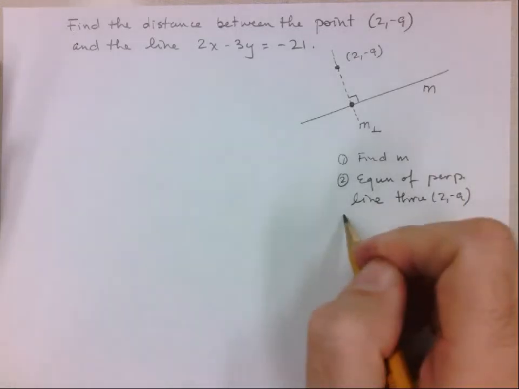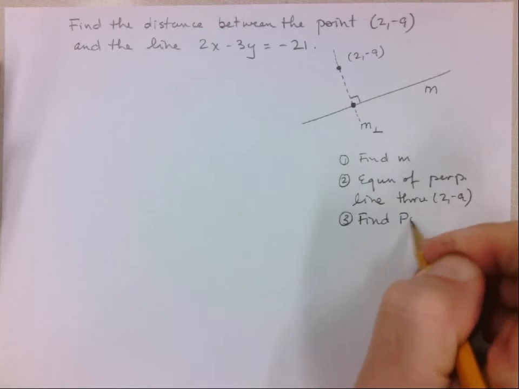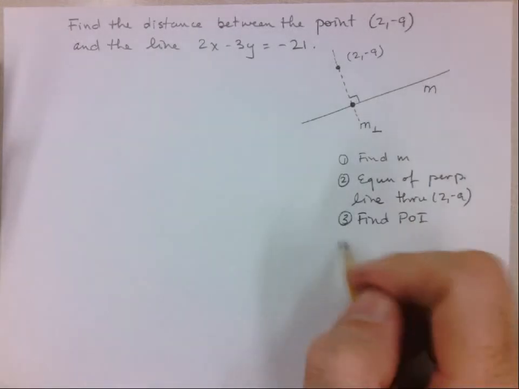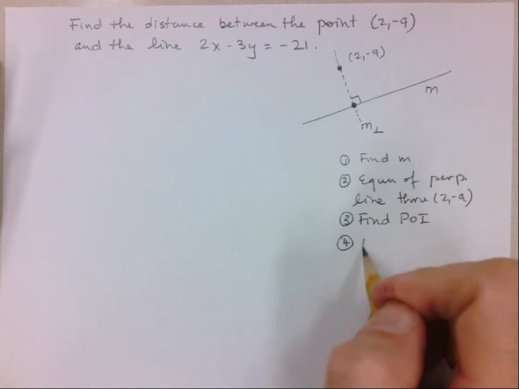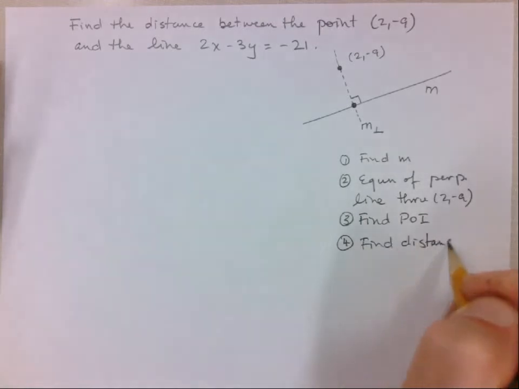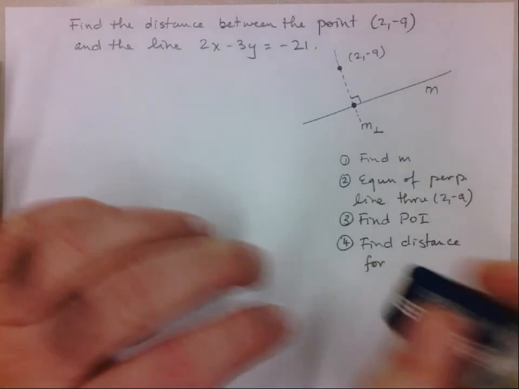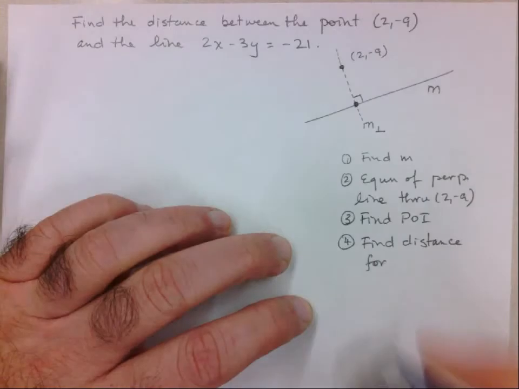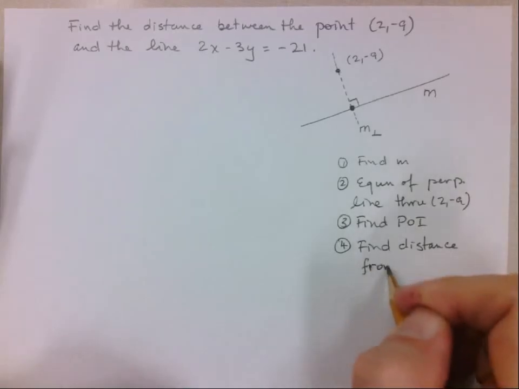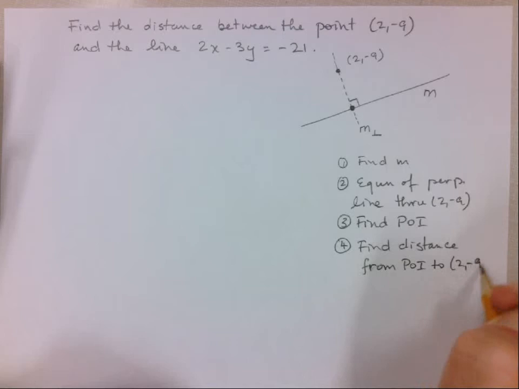Step 3 is to find the point of intersection, and we'll do that by solving a system of equations. And then step 4 is to find the distance from our point of intersection to (2, negative 9).